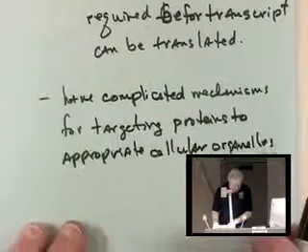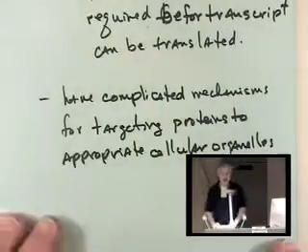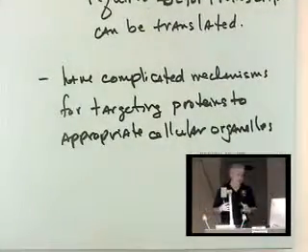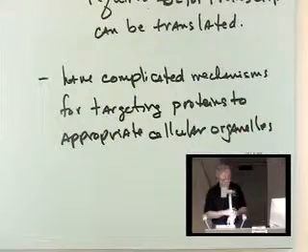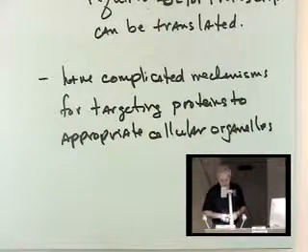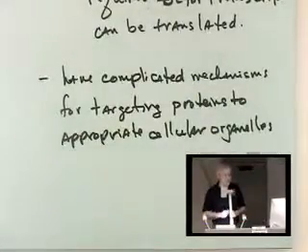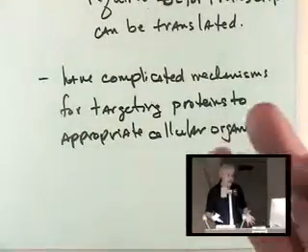Remember, the eukaryotes have the membrane-bound organelles, ER, vesicles, Golgi, and so on and so forth. And there's particular mechanisms for getting those proteins there. There has to be, because those things exist.